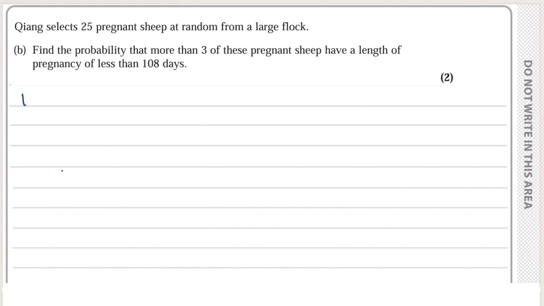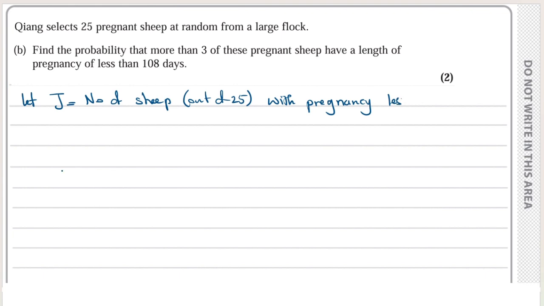Let J be the random variable, number of sheep out of 25 with pregnancy less than 108 days.